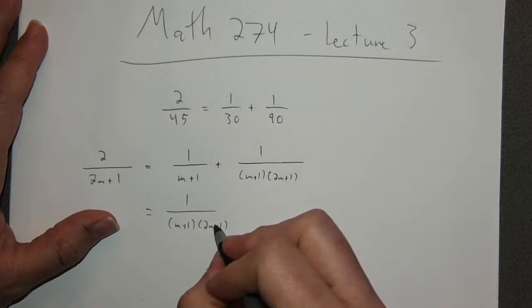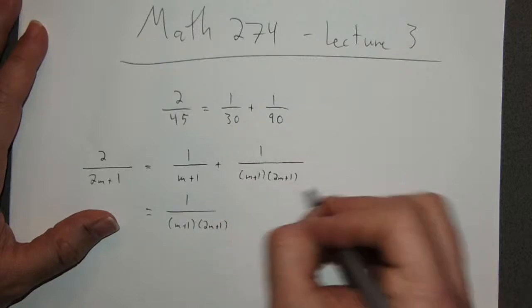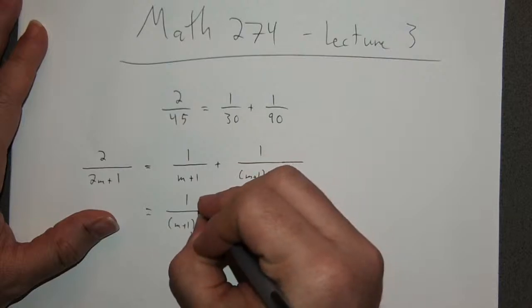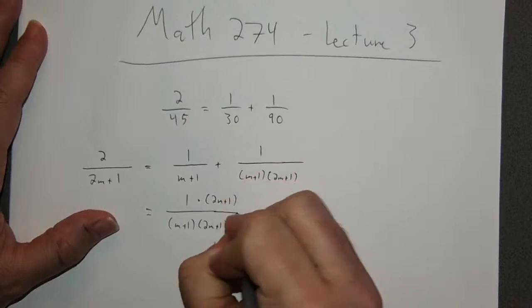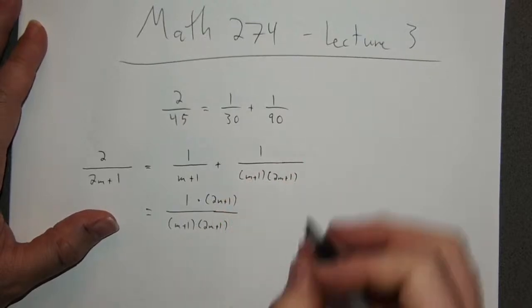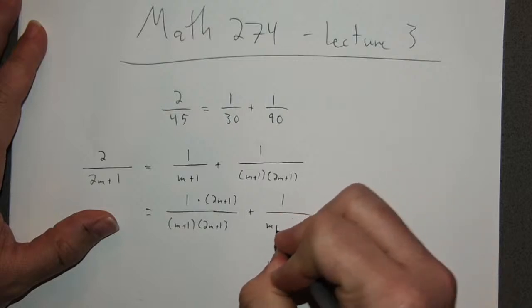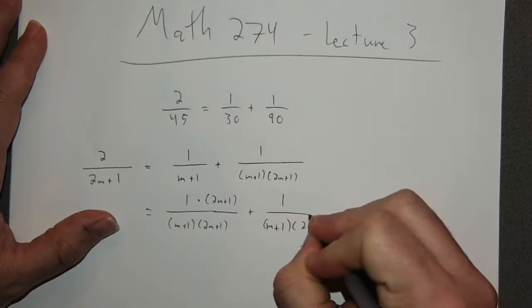So for the first fraction I put m plus 1 times 2m plus 1 in the denominator, but I can't just do that. That's not going to be right. I actually need to have a 2m plus 1 in the numerator as well, plus 1 over m plus 1 times 2m plus 1.